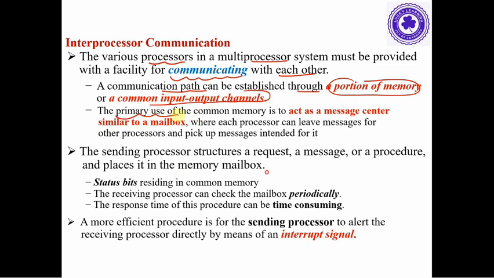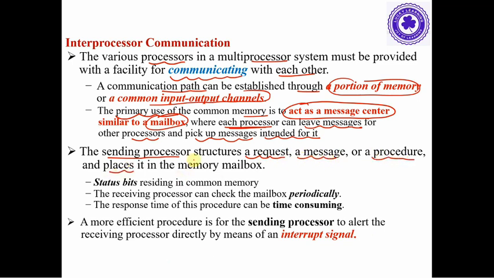The primary use of the common memory is to act as a message center, which is similar to a mailbox, where each processor can leave messages for other processors in the message center and pick up messages that are intended for that particular processor. The sending processor structures a request or a message, a procedure, and places it in the memory mailbox.